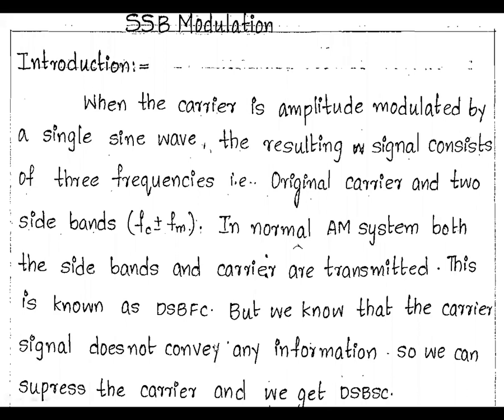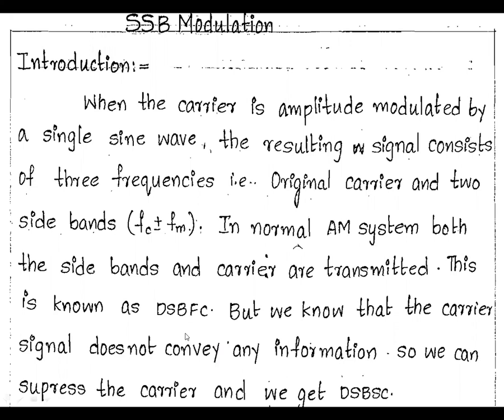In a normal AM system, both the sidebands and the carrier are transmitted. These signals are known as DSB-FC, double sideband full carrier.